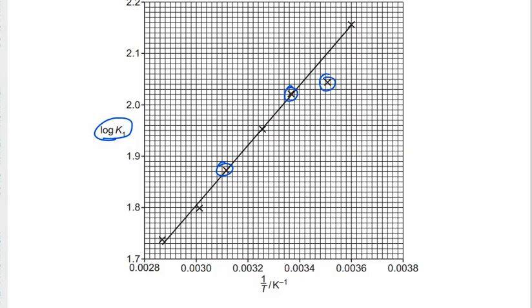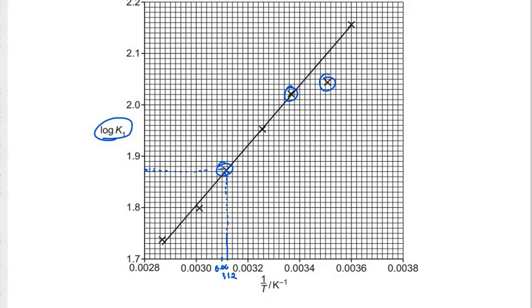And what are the coordinates of the first point? Here is the x-axis and here is the y-axis, the 2 points. Okay, so if we find out, here is 0.0031. Now a square beside it should be 0.00312.